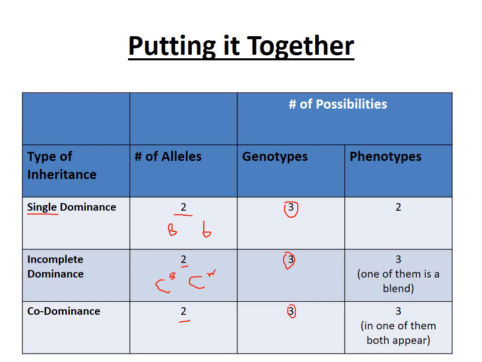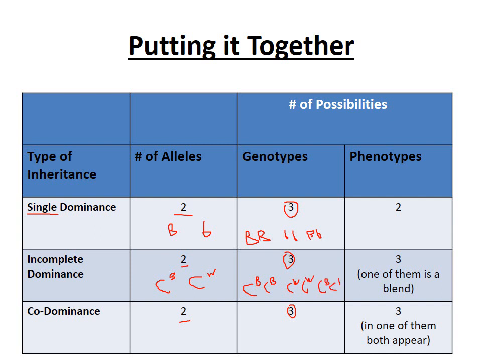Remember, you have the homozygous BB like this, or little b like this, and the heterozygous like this. But for incomplete and codominance, it's the same idea, except you represent them with this little format here: CBB, CWW, and then of course our heterozygous individual CB, CW.